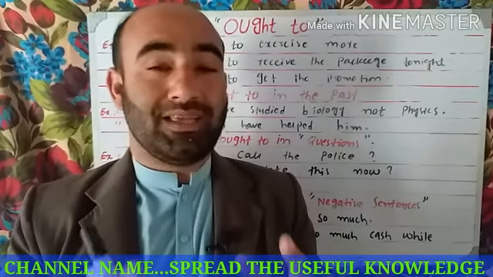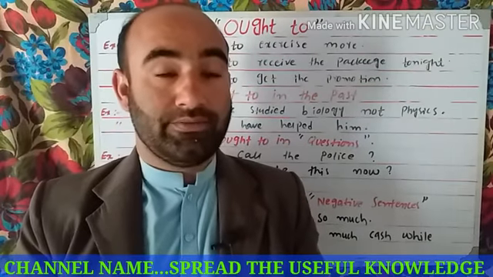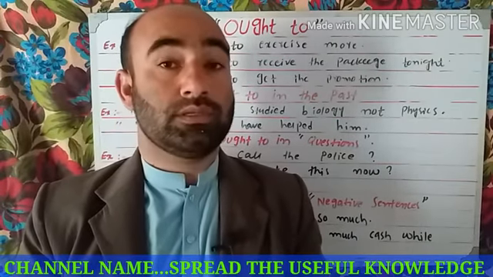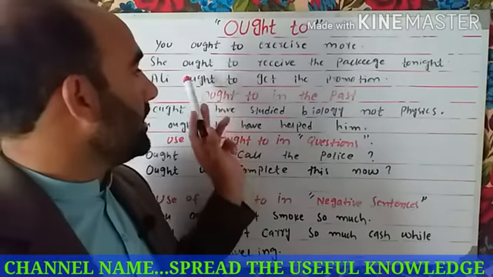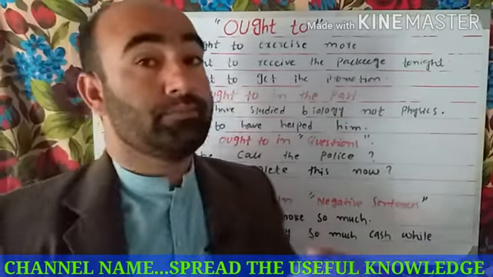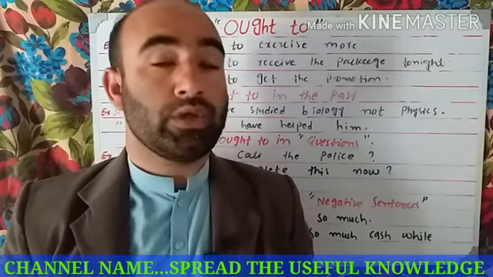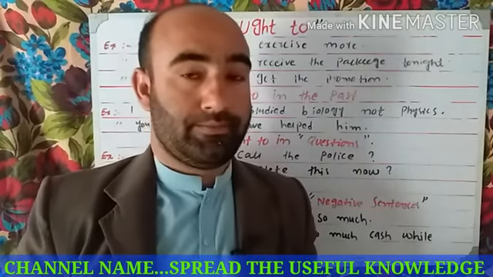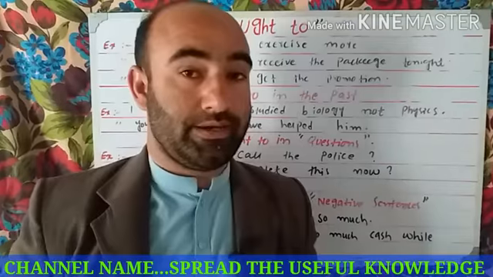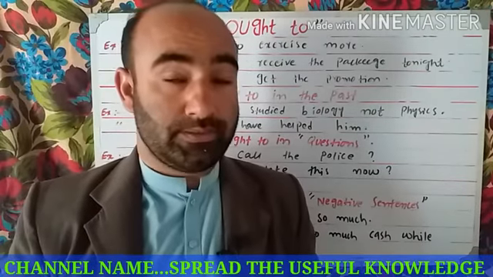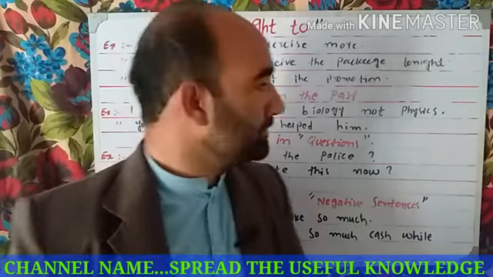When something is expected, for that purpose, we use ought to. Now here, Ali ought to get the promotion. So here he deserves something, he expects something. For the expectation, we use ought to.